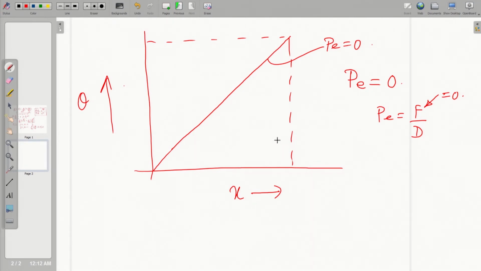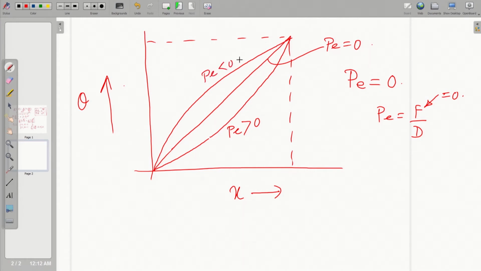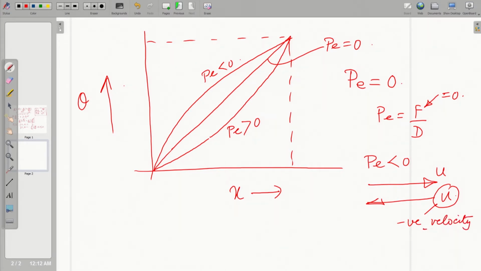while if you vary the Peclet number from there, let us try to draw the trends. You will find that Peclet number greater than 0 would have a trend like this, Peclet number less than 0 would have a trend like this. So, if we imagine that Peclet number less than 0 would mean that instead of going from left to right, the flow is actually moving from right to left, which will give you a negative velocity here based on our reference direction.